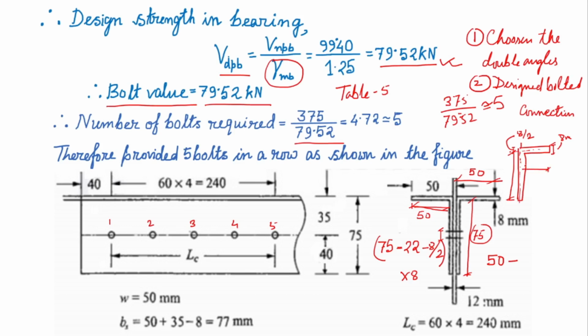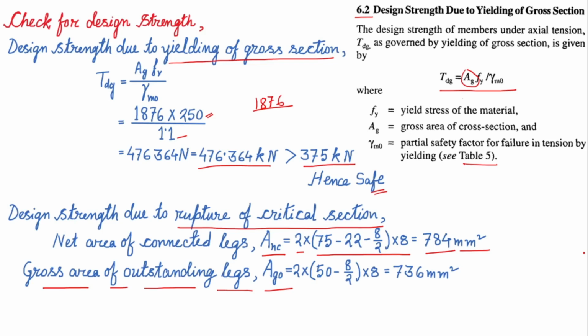So it will be 50 minus 8 by 2, multiplied by 8 for one angle, and when I multiply it by 2 for both angles combined, gross area of outstanding leg Ago is calculated as 736 mm square.